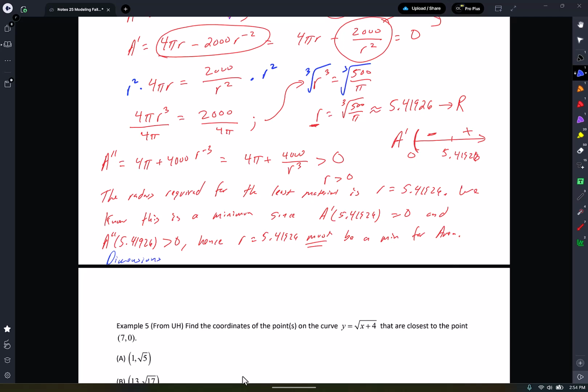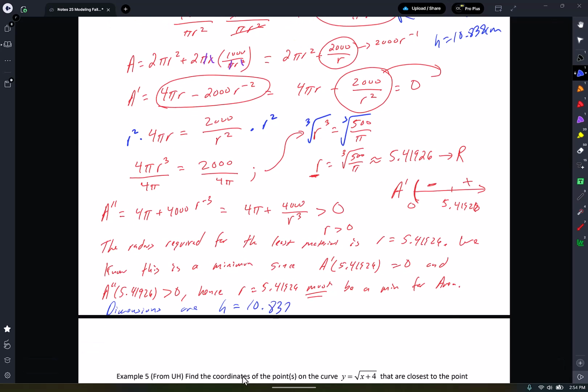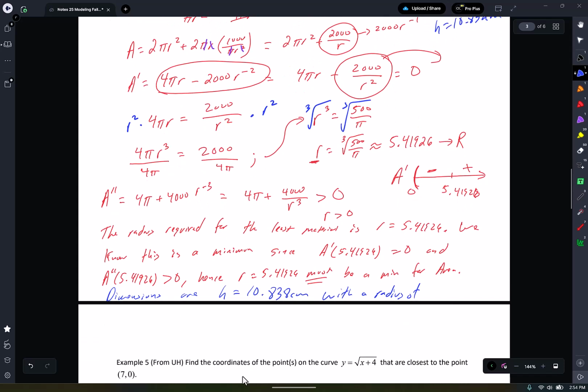Dimensions are height equals 10.838 centimeters with a radius of 5.41926 centimeters. There we go. And that would minimize the surface area.